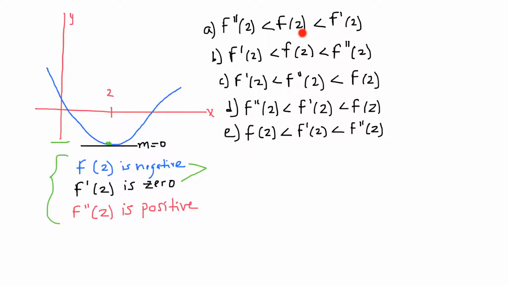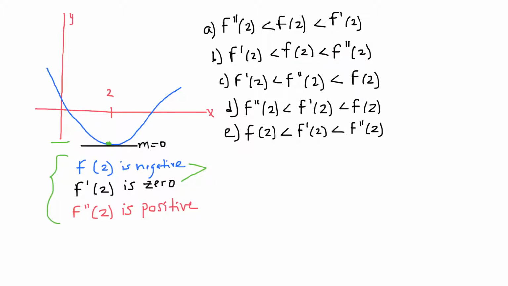But then f of 2 needs to be less than f prime of 2. So that makes f double prime the least value and f prime of 2 the greatest. Least to greatest. That's what you should realize anytime you have those less than signs. When there's two of them, it's just going least to greatest, and the one in between is the intermediate value.